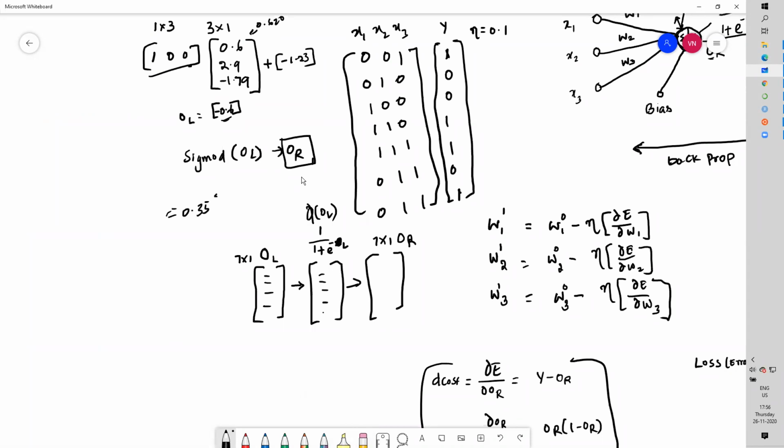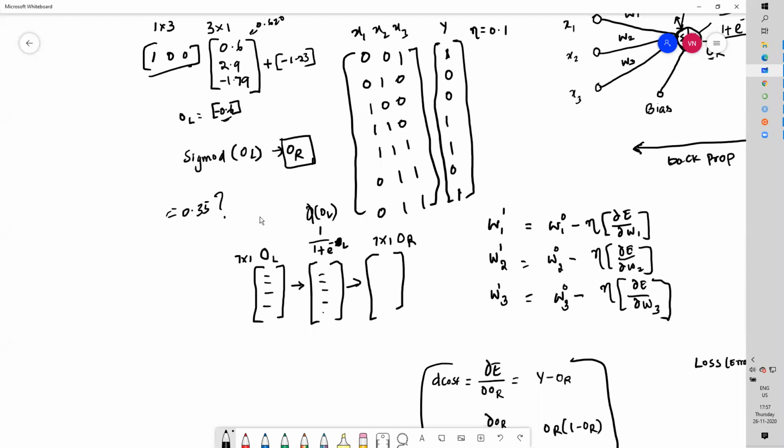Now, how do you interpret this 0.35? Think of this as a probability. If the inputs are 1, 0, 0, then the output probability that it is going to be 1 is 0.35. When it is close to 1, that means our output is going to be 1.